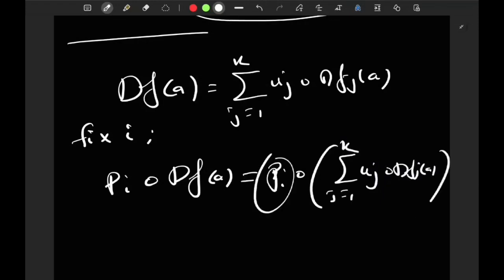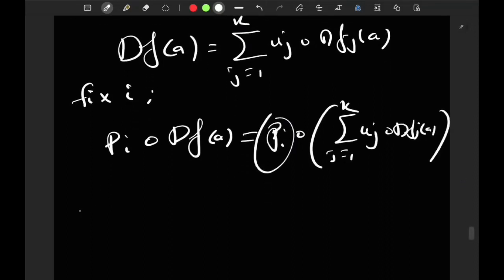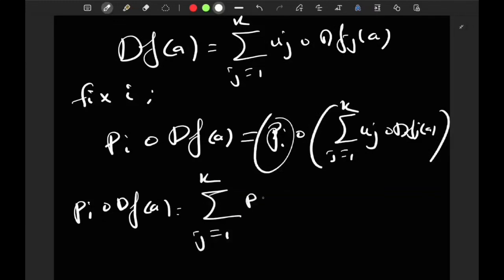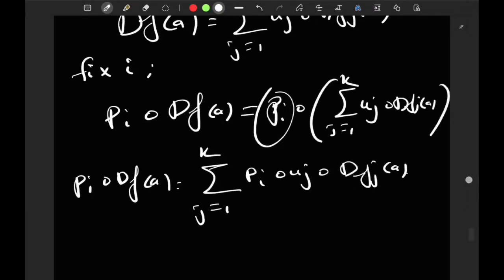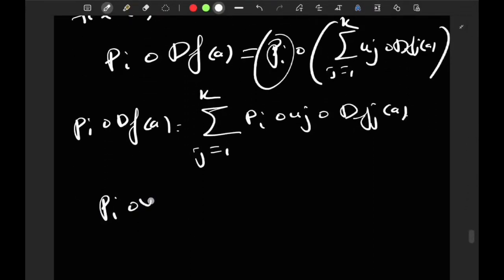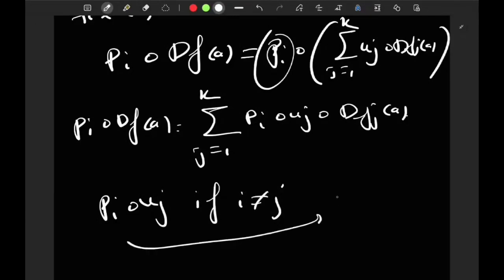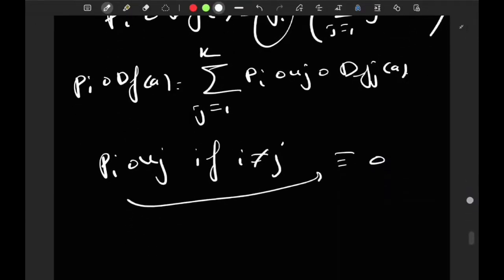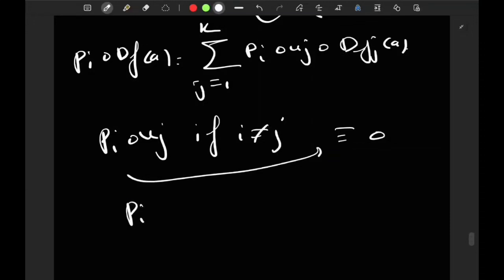Now, since pi is a linear map, we are saying pi composed with df at A is equal to the sum from j equal 1 to k of pi composed with uj composed with dfj at A. Now the thing is, pi composed with uj, if i is different from j, is just the 0 map. Why? Because pi is projecting the ith coordinate.